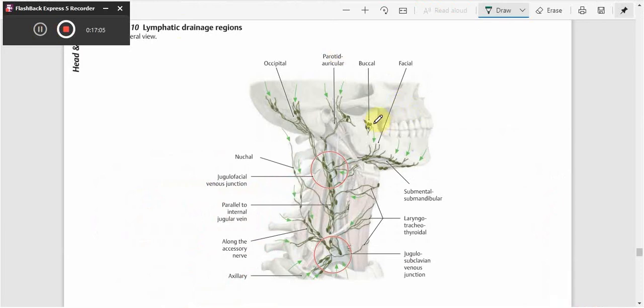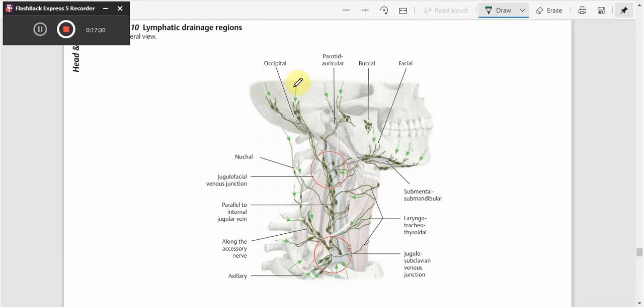So efferents from the buccal lymph nodes are going into the anterosuperior group of deep cervical lymph nodes. From the mastoid or the post-auricular are going into the posterior-superior group of deep cervical lymph nodes, and from the occipital are going to the posterior-inferior group, and specifically into the supraclavicular lymph nodes. Area is obvious.